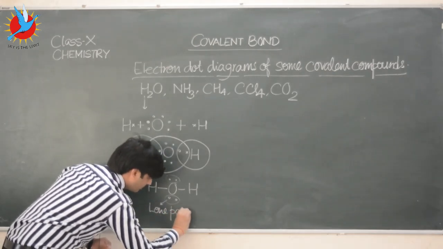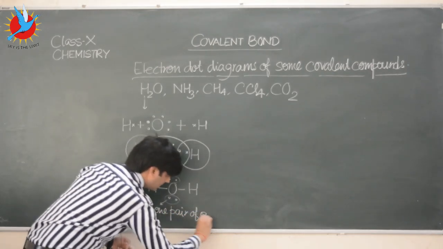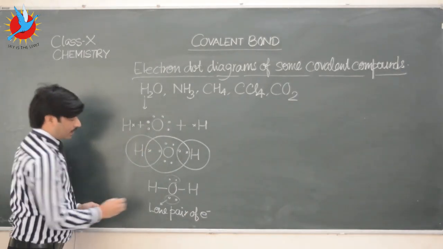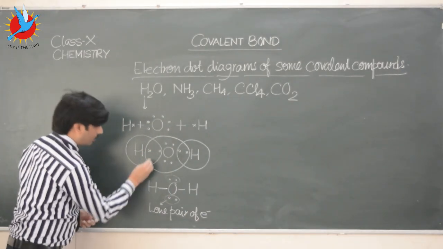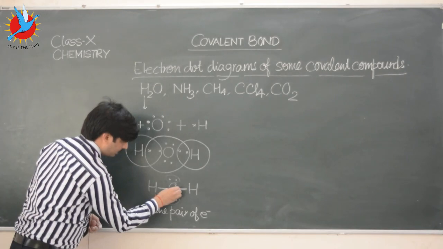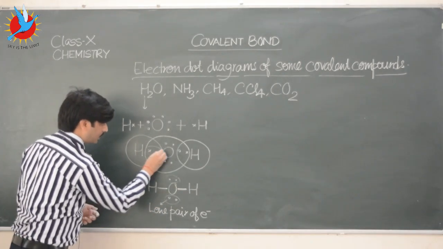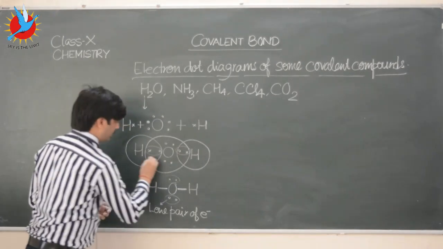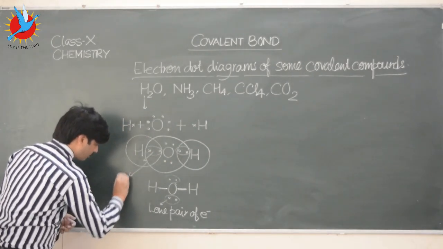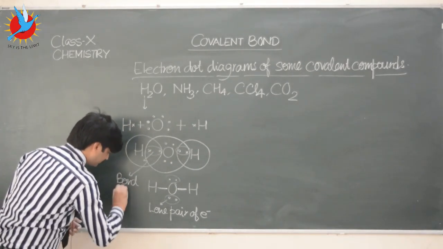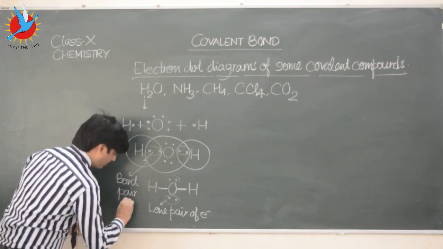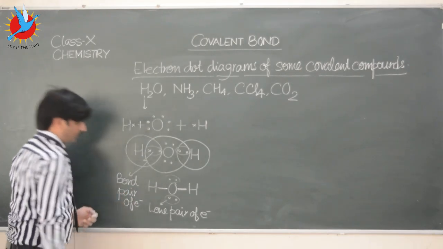Lone pair of electrons. And these lines represent the single covalent bond. These electrons which are shared between two atoms are known as bond pair of electrons.